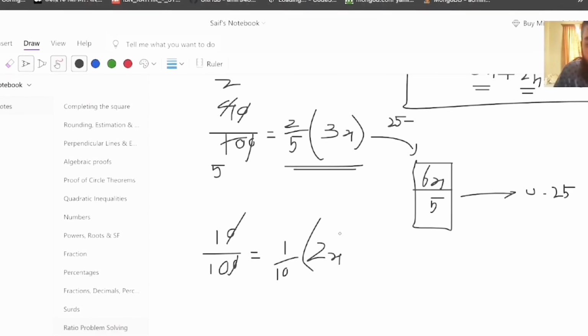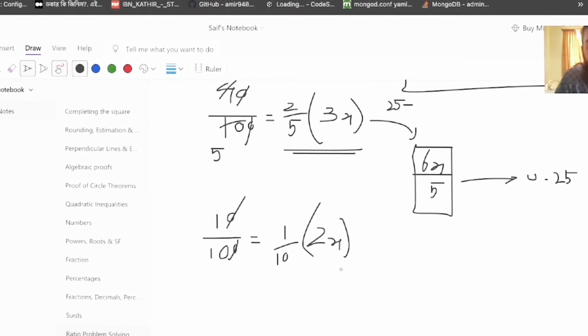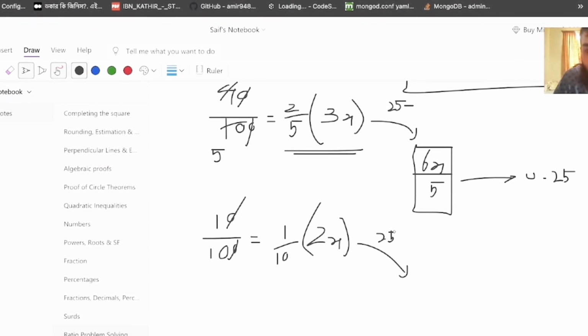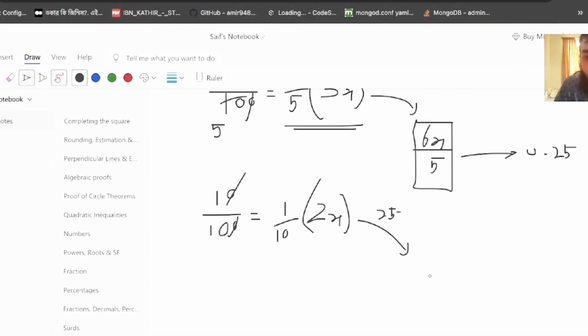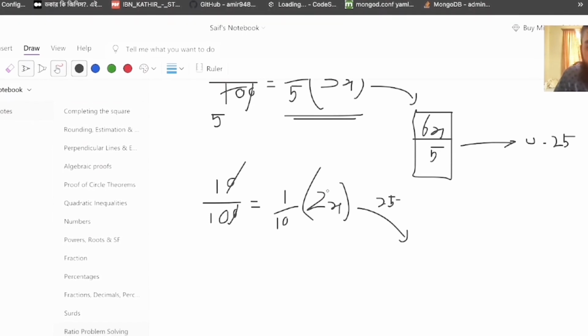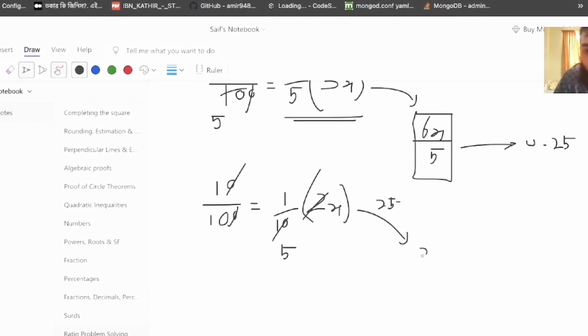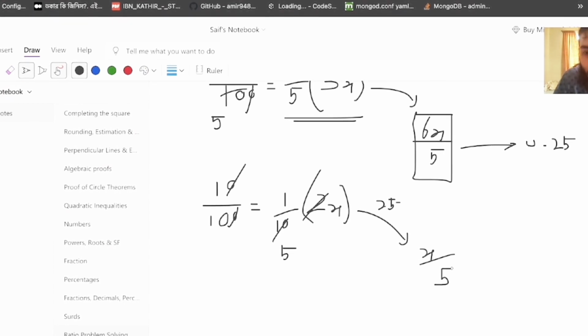So 1/10 of 2x. This amount of women are under the age of 25. So this is 2x by 10 or x by 5. So x by 5 is the number of women who are under the age of 25.